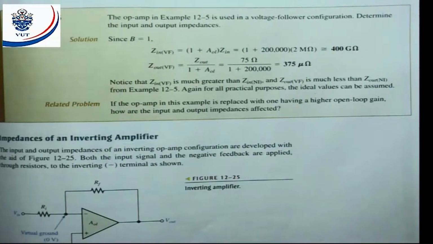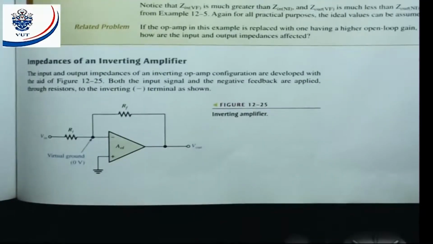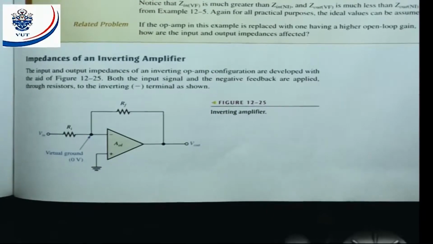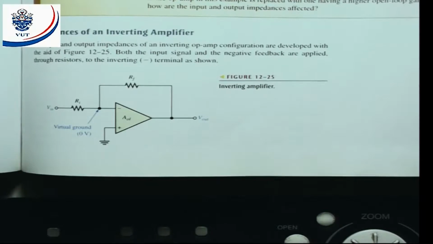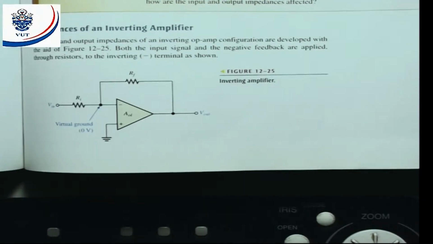It will be equal to R in, all right. In actual fact, it will be equal to R in plus the impedance of the device in parallel. But now, if I got, for example, a 10 kilo ohm in parallel with the 2 meg, what will the impedance be? It will be 10 kilo ohm. A little bit less than 10, but in actual fact, you can assume it to be R in, all right.